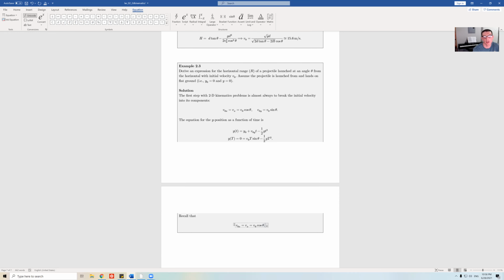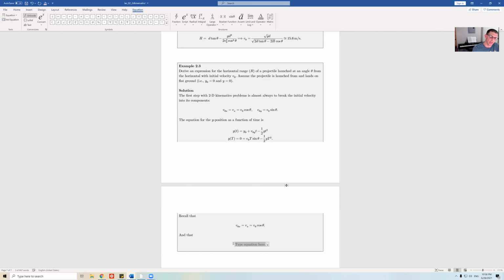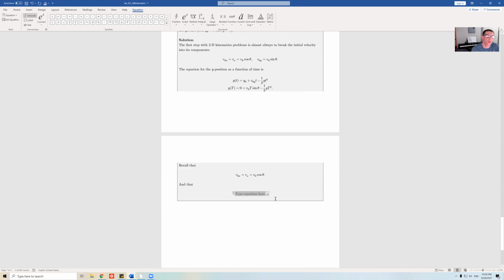And from one of our kinematics equations, we can write something like this. Remember back to the previous lecture where I defined a generic velocity as being a displacement over time.